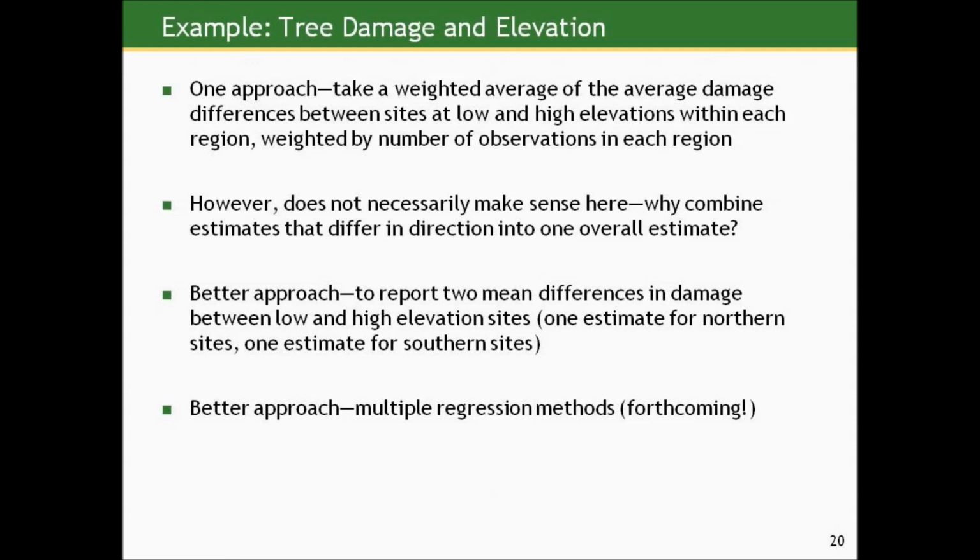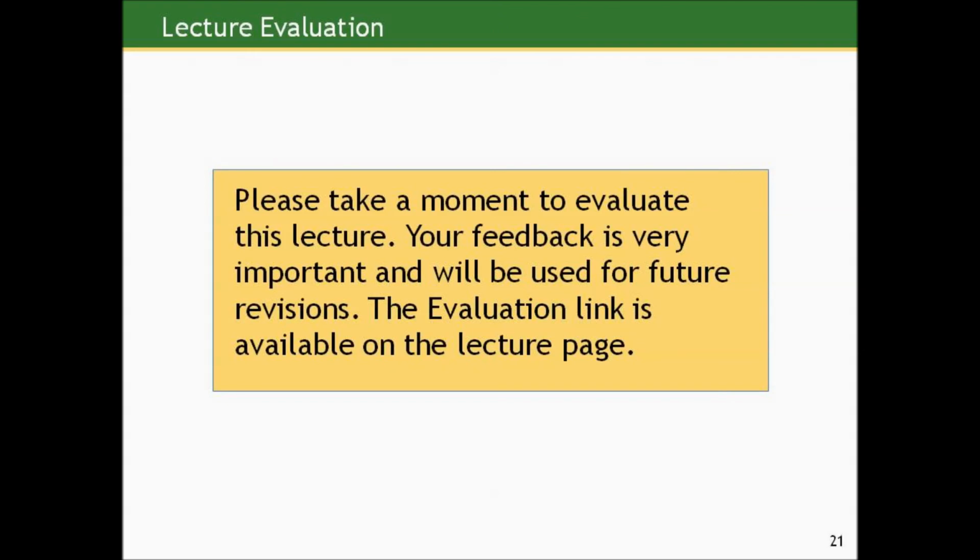Just say, look, the process is different. At least our data suggests that, and we'll show you two estimates of this measure of association, one for northern states and one for southern. The beautiful thing about all of this is that we can also investigate effect modification and statistical interaction alongside confounding using the techniques of multiple regression, which is where we're going.